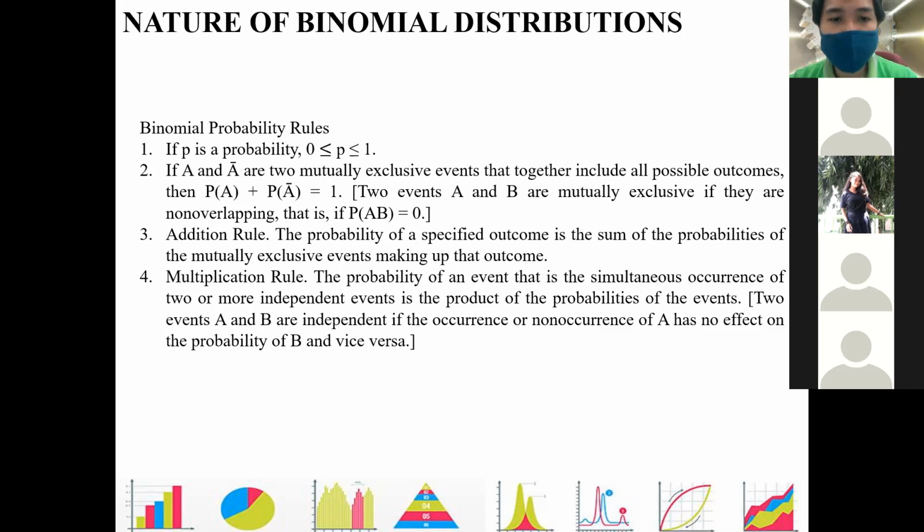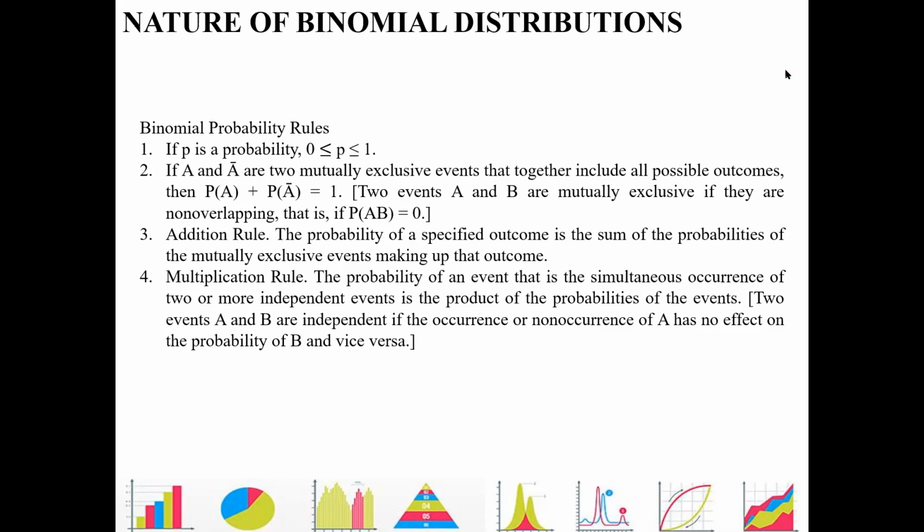The addition rule, the probability of a specified outcome is the sum of the probabilities of the mutually exclusive events making up the outcome. And the probability of an event that is the simultaneous occurrence of two or more independent events, discuss ito natin last time. Pag ganon naman, ang ginagawa is to multiply.